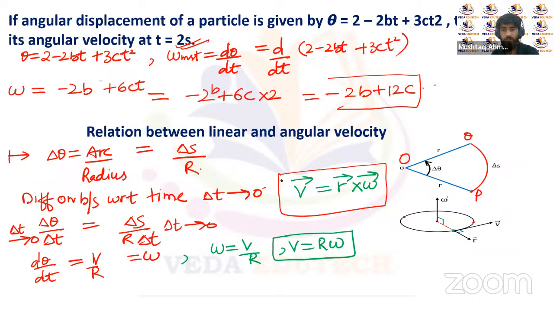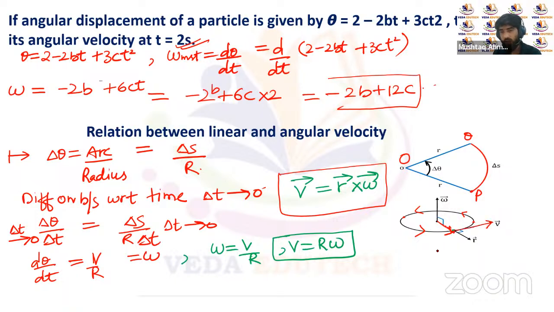The velocity vector is perpendicular to both the position vector as well as the angular velocity. Let's suppose this particle is moving along this circular path. This is the position vector of this particle from the origin of this Cartesian system, and this is the velocity vector.